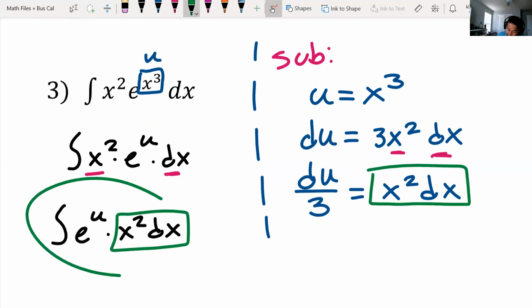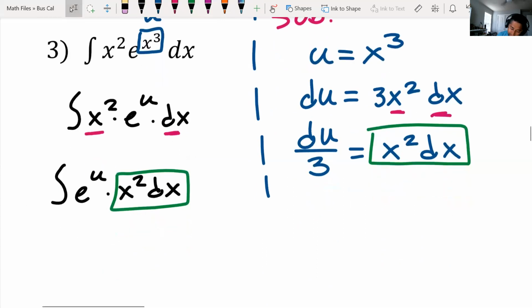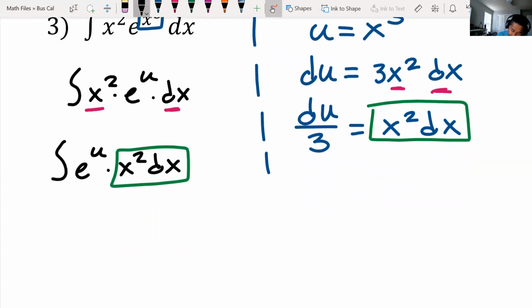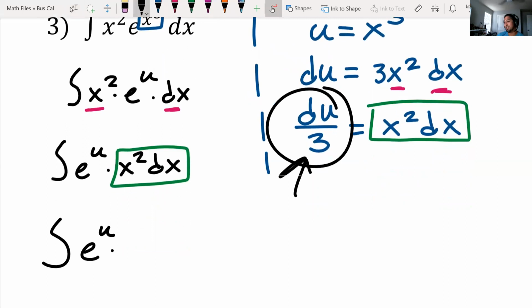So now on our integral, x squared dx becomes what? It becomes du over 3.